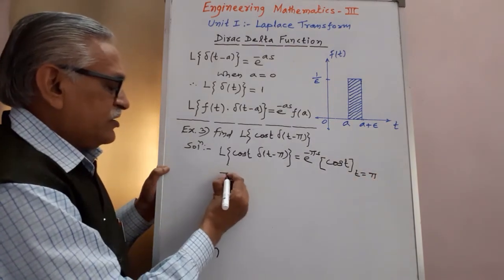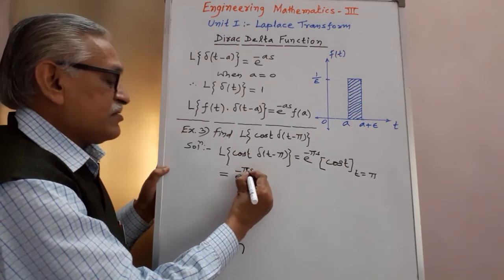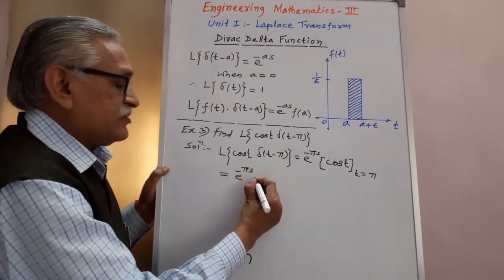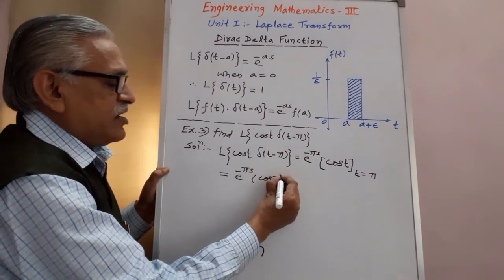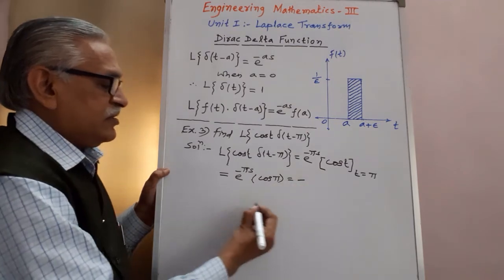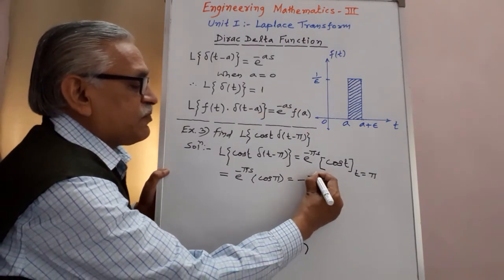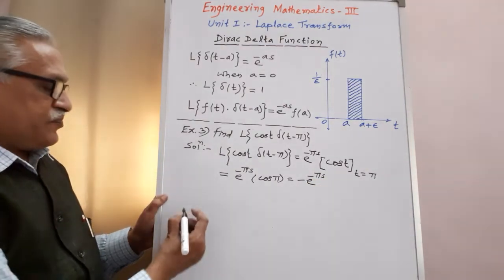Therefore it is equal to e raised to minus pi s into cos of pi, and the value of cos pi is minus 1, and therefore we get that value as minus e raised to minus pi s, which is the required Laplace transform.